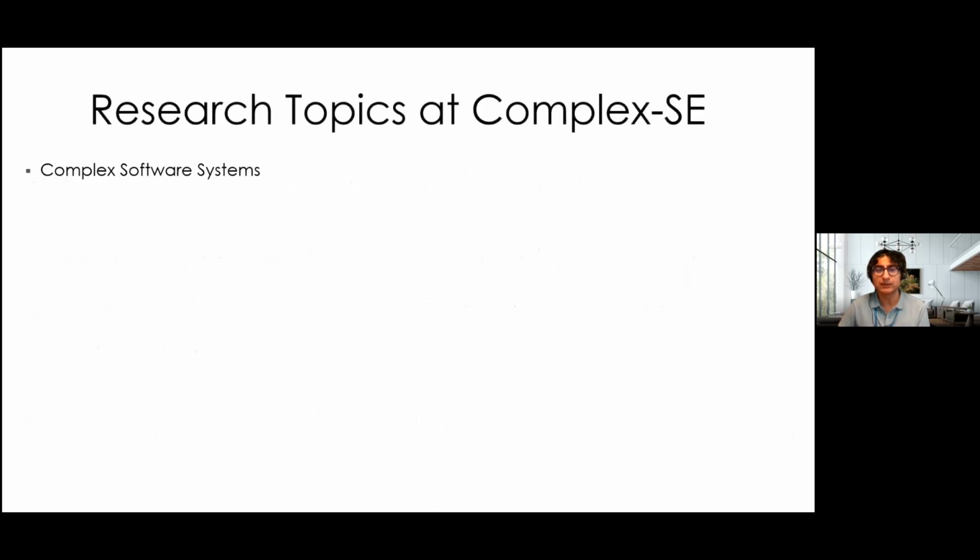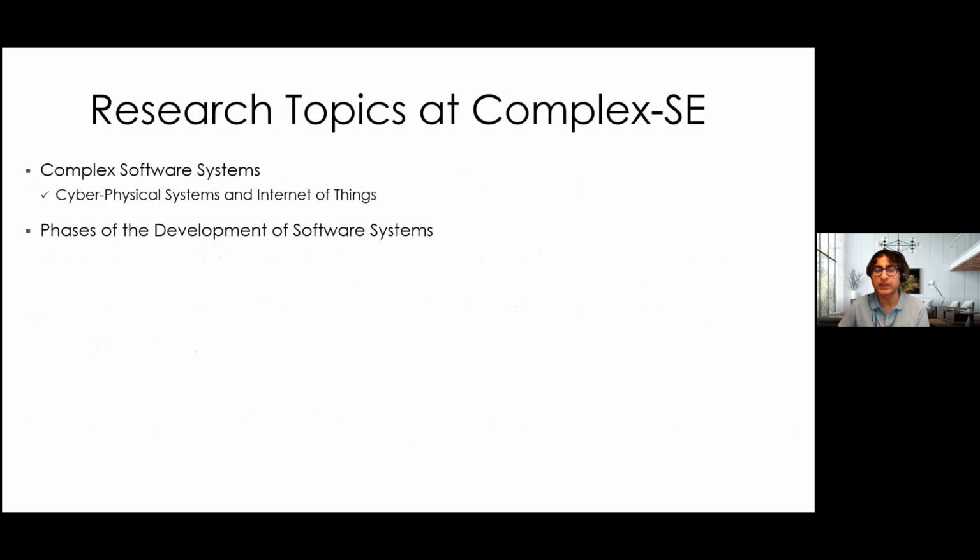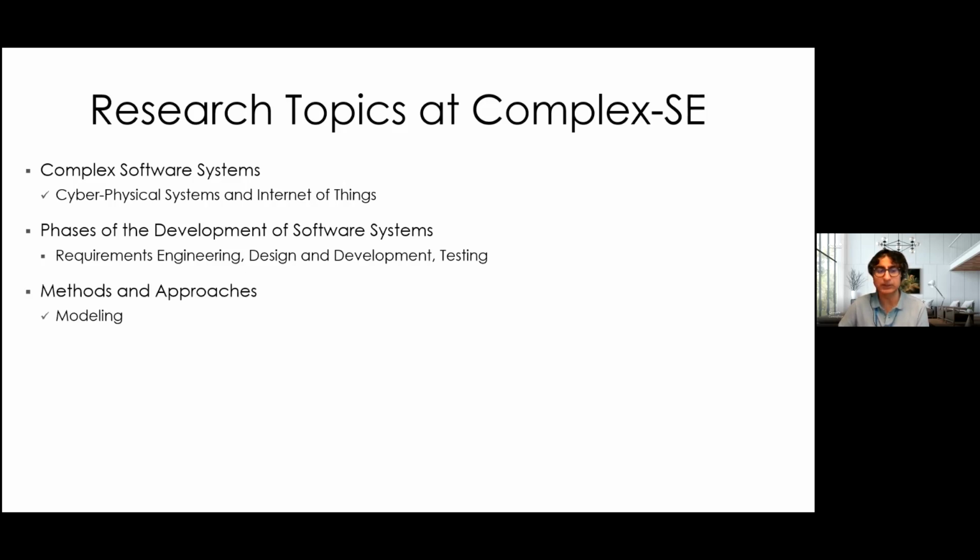So at my department, we are working on the development of software systems such as cyber physical systems and Internet of Things in different domains. And we cover different phases, for example, how to engineer the requirements, how to design and develop the system, testing, debugging, and so on. We apply different methods such as modeling, which is one of the key things we do.